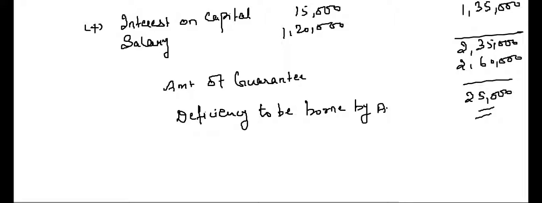So all in all, A is at the receiving end. 80,000 firm deficiency, 25,000 towards C. Right? Everything A has to pay. Why? Because he has the highest share in the profit. You pay everything. C is your friend. You pay.